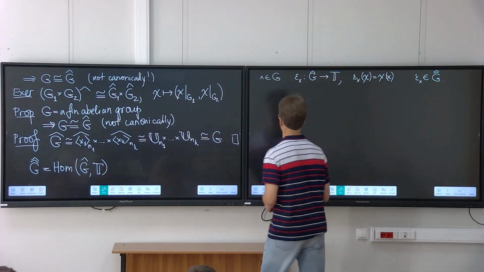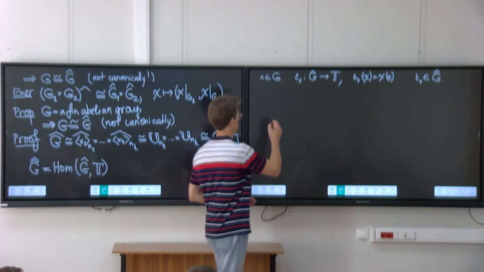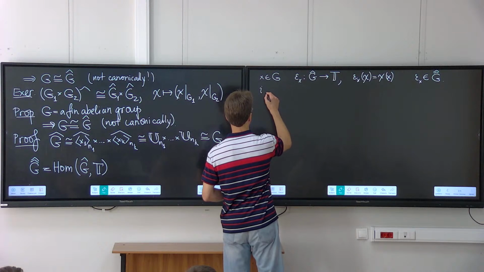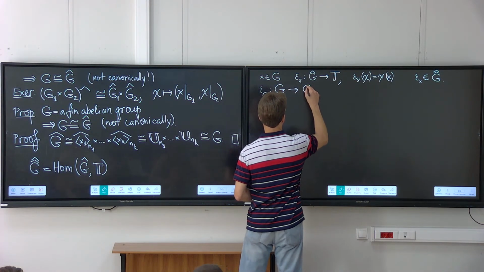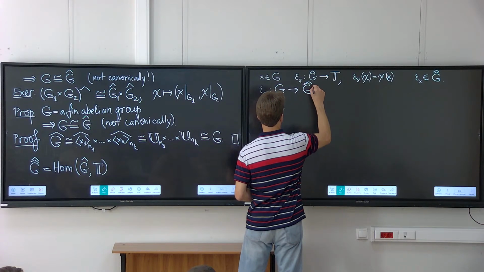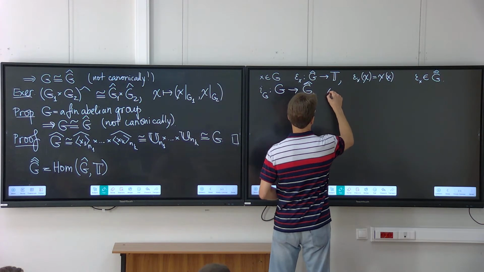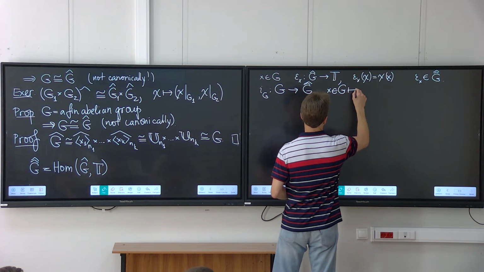As a result, we get a map, let's denote it by I_G, from G to G double hat, which takes every element x to the evaluation character epsilon_x.